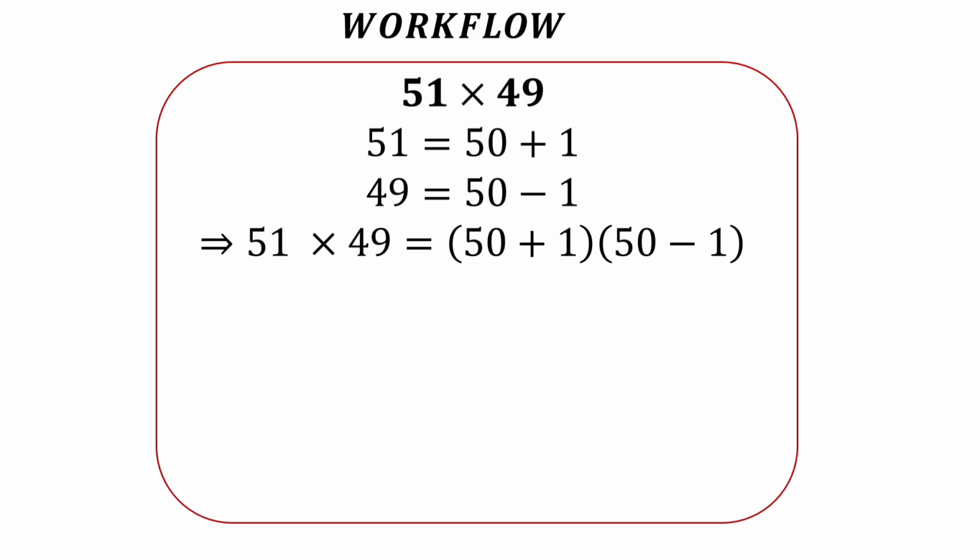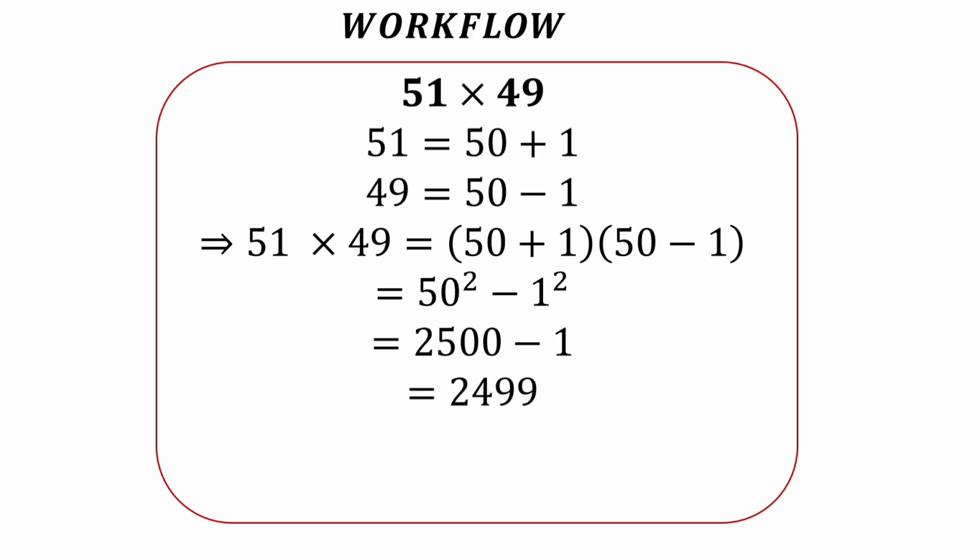We just replaced 51 with 50 plus 1, then we replaced 49 with 50 minus 1. They are still multiplying. So by applying difference of two squares, we can rewrite this as 50 squared minus 1 squared. 50 squared is 2,500, 1 squared is 1, so we get 2,500 minus 1. And that gives us 2,499 as our final answer for this question.